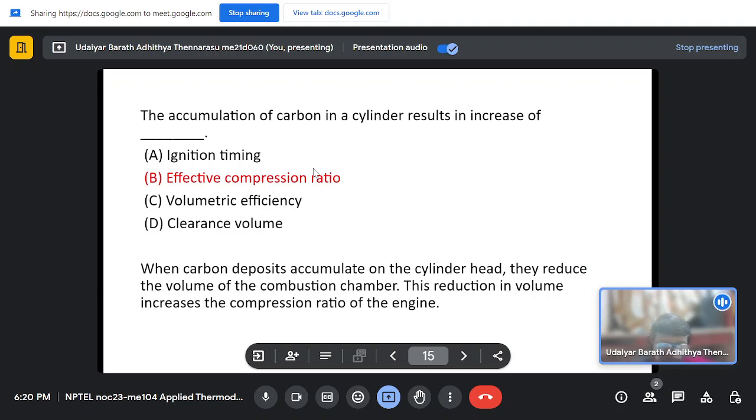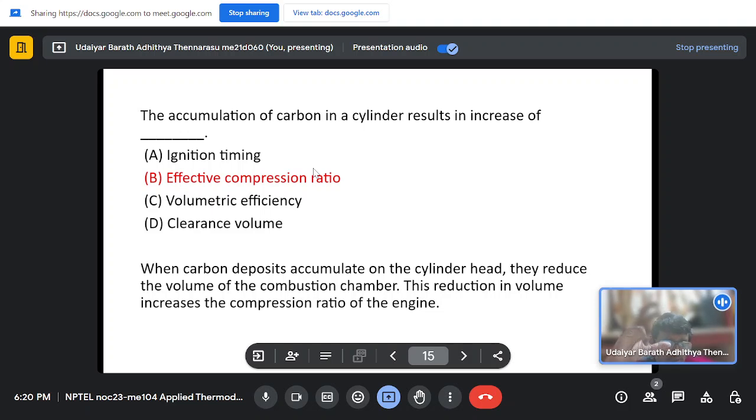So when carbon deposits accumulate on the cylinder head, they reduce the volume of the combustion chamber. So if you assume in an internal combustion engine, you have the cylinder arrangement and you have a piston. So the piston is what is moving. Now the carbon is getting deposited on the piston head. So effectively, the volume is getting affected, because initially some amount of volume was there.